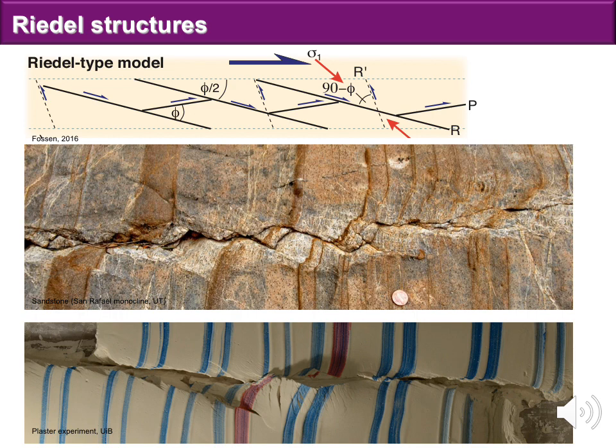This is a small scale example in the middle and an experimental example in the bottom, where we can see the Riedel shears dipping to the right and connected in this case. And in the lower experiment we can see the fault is now a continuous feature, but with all kinds of small scale complications along strike.